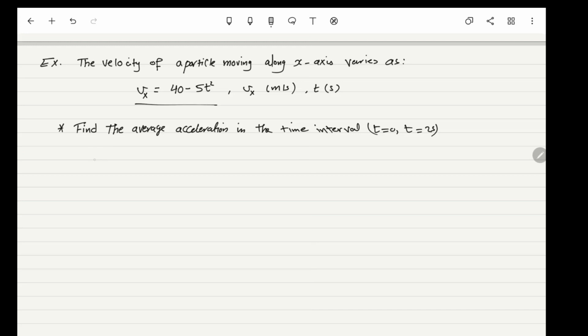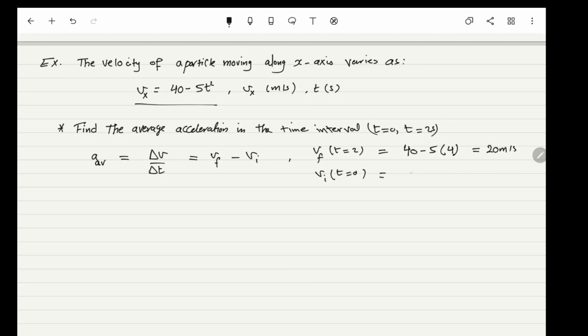Now, the average acceleration equals delta v by delta t, which equals v final minus v initial. So we need to calculate v final when t equals 2 seconds and v initial when t equals 0 seconds. Now v final when t equals 2 is 40 minus 5 multiplied by 4, which equals 20 meters per second.